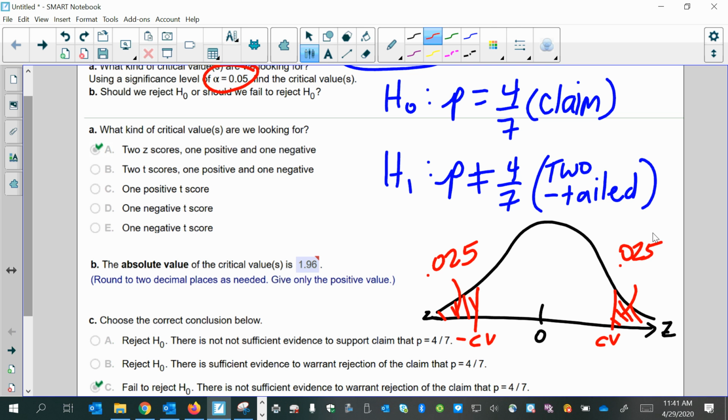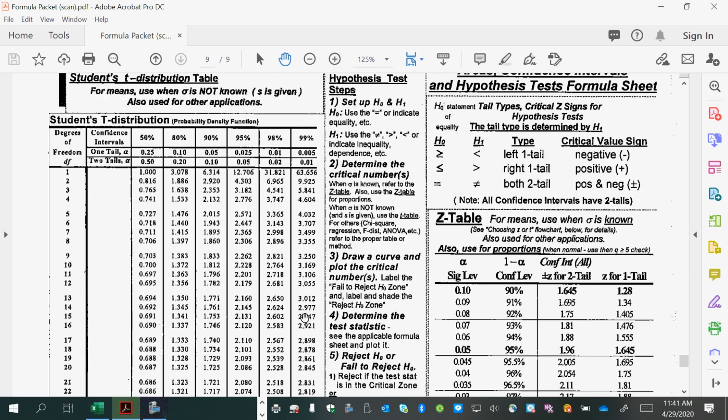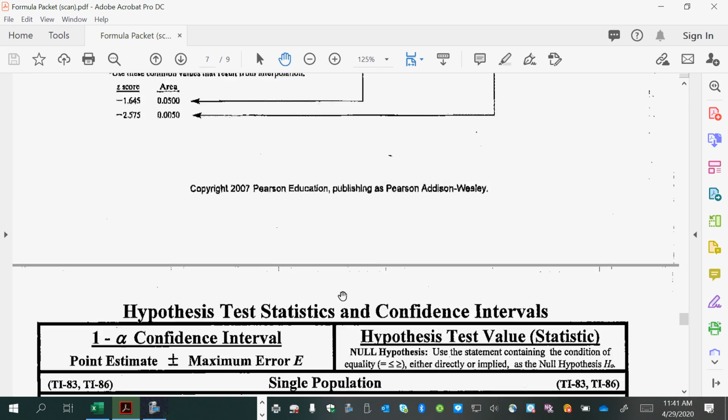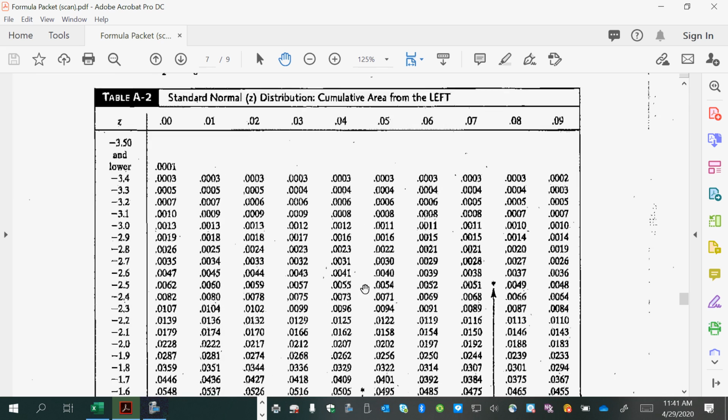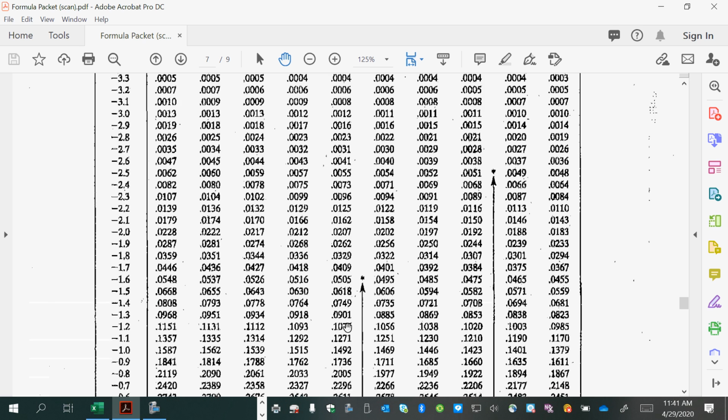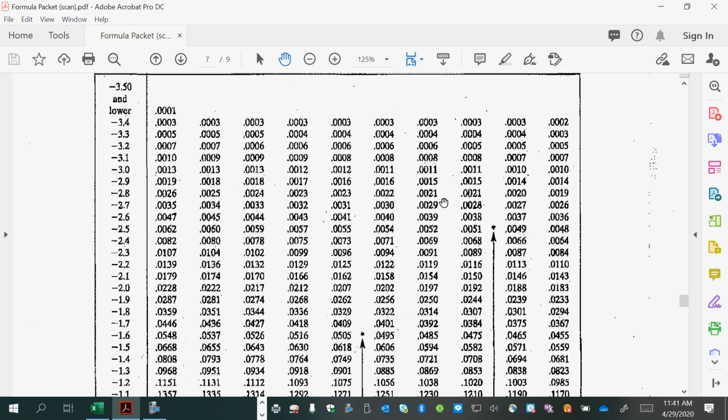So looking up an area of 0.025 in the table, where's my little table? There we go. In the z-score table, looking up an area in the body of the table of 0.025, right here. Oh no, that's 0.0025. We want just 0.025.